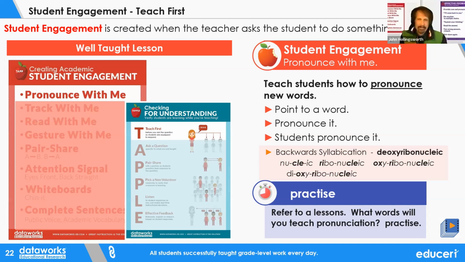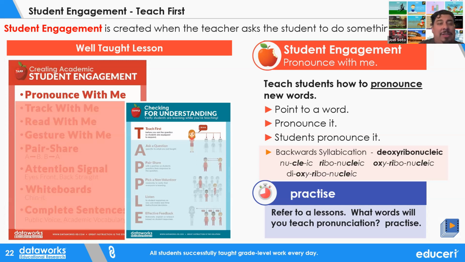Like, for example, determine. I'll tell my students, determine means you really want to do something, but determine can also mean figure out. It's multiple meanings, because we have a lot of English learners working with us. So I do pronounce with me as well.